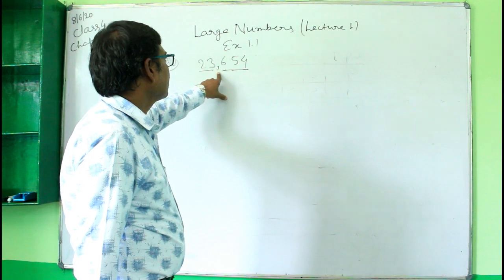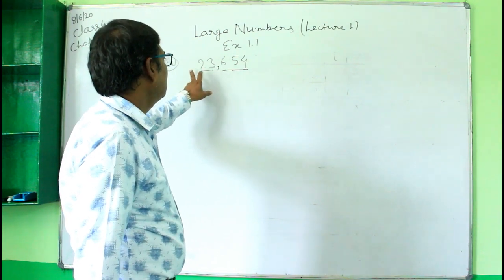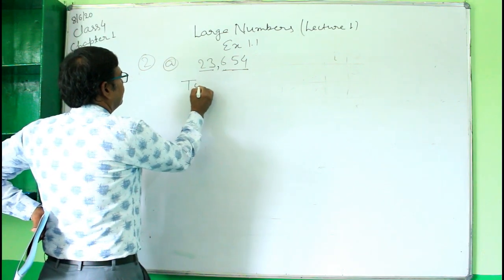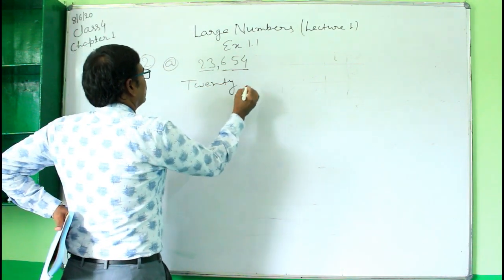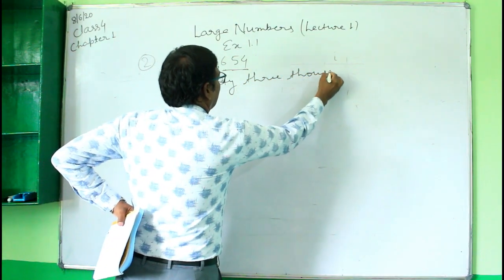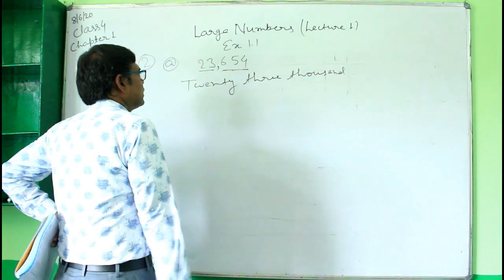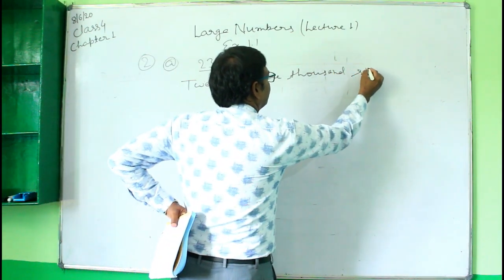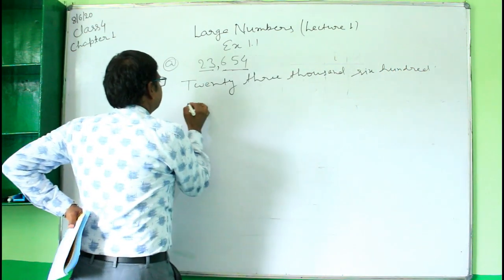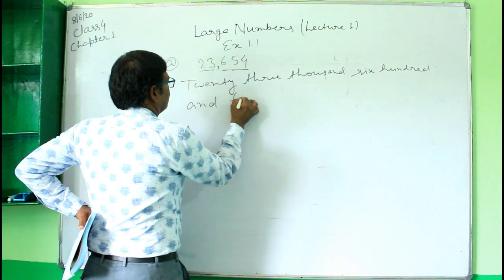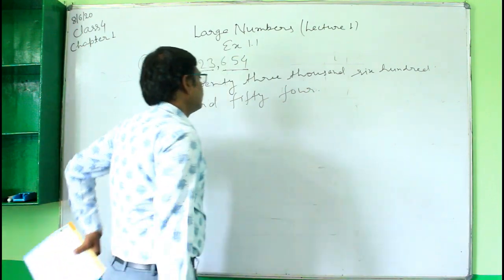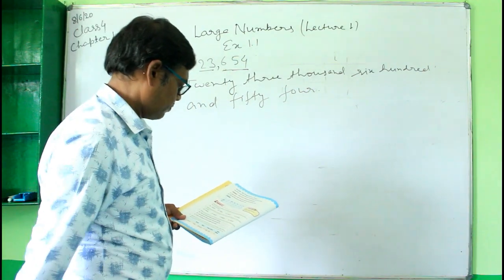That is, its number name will be 23,000, 654. So this is the number name of this number.